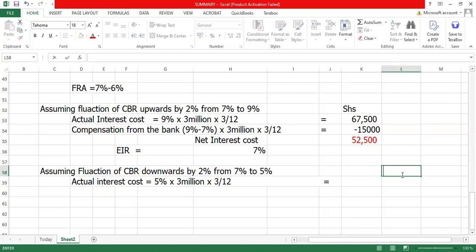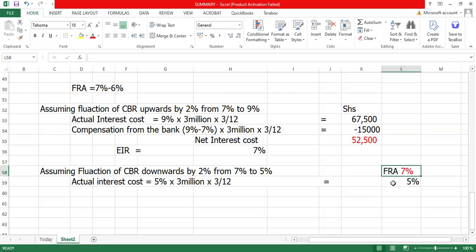You had agreed with the banker that you as a borrower should pay at 7%. Now the rate is 5%. Who is benefiting? Since you're the one to pay 5%, it means that you benefit as a borrower. You're paying at a lower rate. You're the one benefiting, so you compensate.